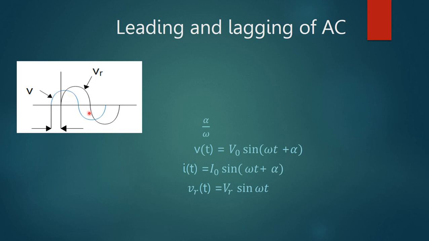This is V0 sin(omega t plus alpha), and its corresponding current i(t) is equal to I0 sin(omega t plus alpha), where V0 is the peak value, that is, the amplitude, and omega is the angular frequency, and alpha is the phase angle of the instantaneous voltage V with respect to the reference level.